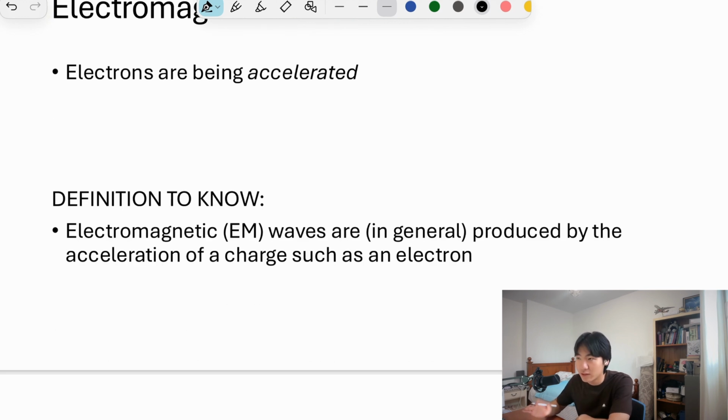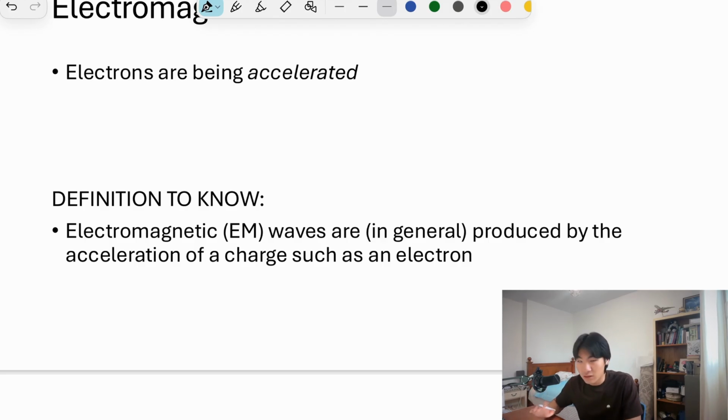Because energy is neither destroyed nor created, it must be transferred, right? If an electron goes from higher energy to lower energy, it can't just hold on to the energy in the lower energy. It needs to release it somehow, and it releases it through the medium of an electromagnetic wave.